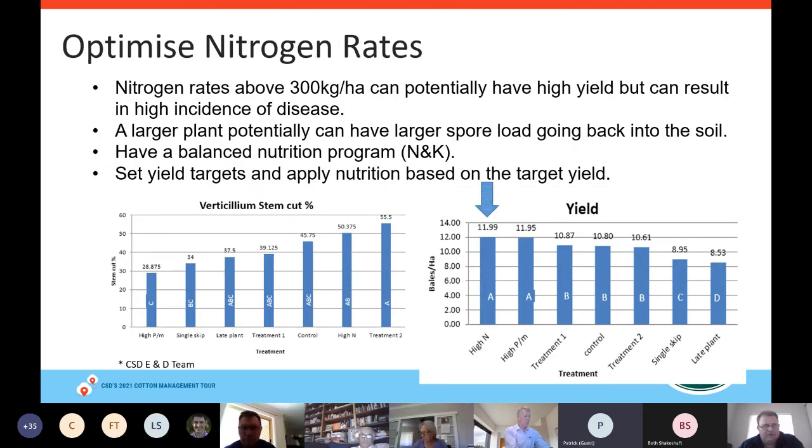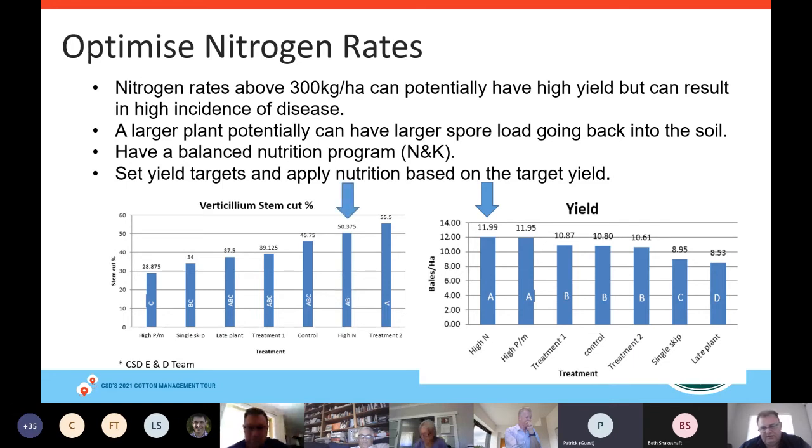We talked about nitrogen rates, and this is just a trial that we did for a 2 to 3 year period where we looked at various treatments right across the board. We also had nitrogen, and nitrogen rates of over 300 kilos per hectare can potentially have high yield. We've seen that, but can result in high incidence of the disease.